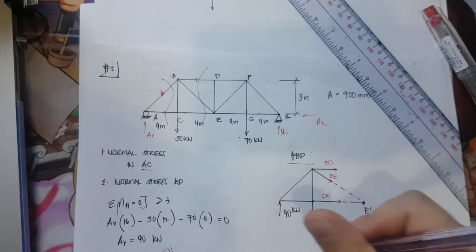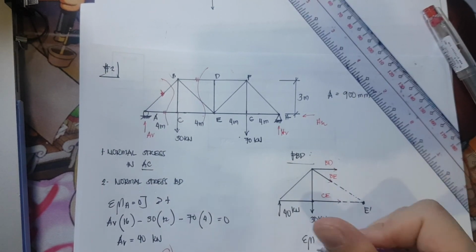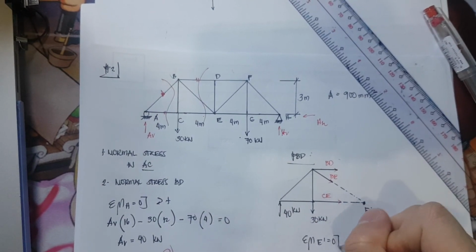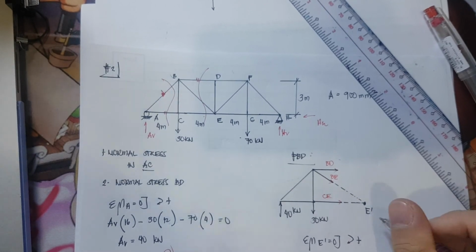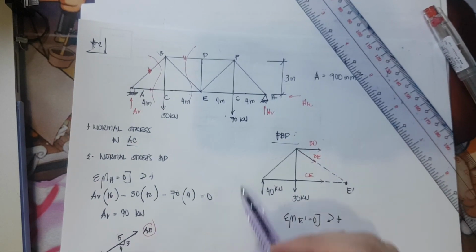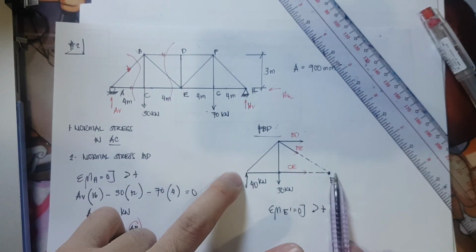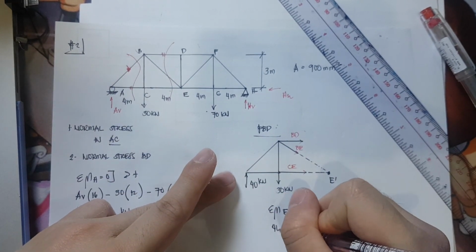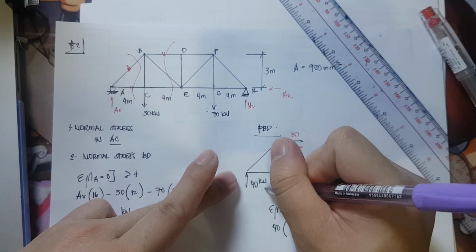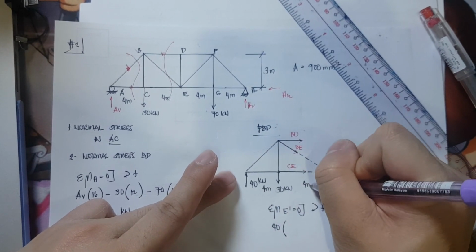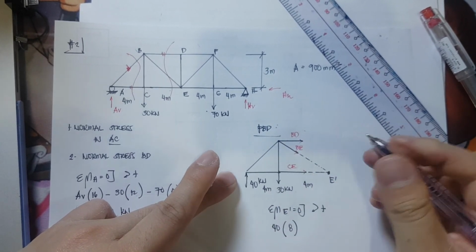Summation of moment with respect to E prime is equivalent to 0. All forces that rotate clockwise will be positive. So 40 would be rotating clockwise with respect to E prime, so that is positive, with a lever arm of 8 meters.